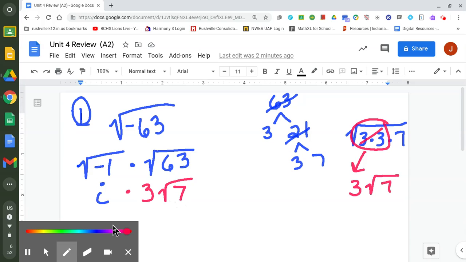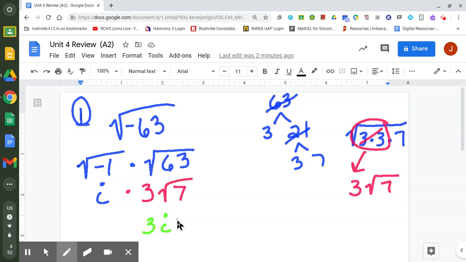And we generally write this in the format of 3i square root of 7. We definitely do not want that i underneath the square root box. Whether you put it in front of the square root box or behind it, it cannot be underneath it.